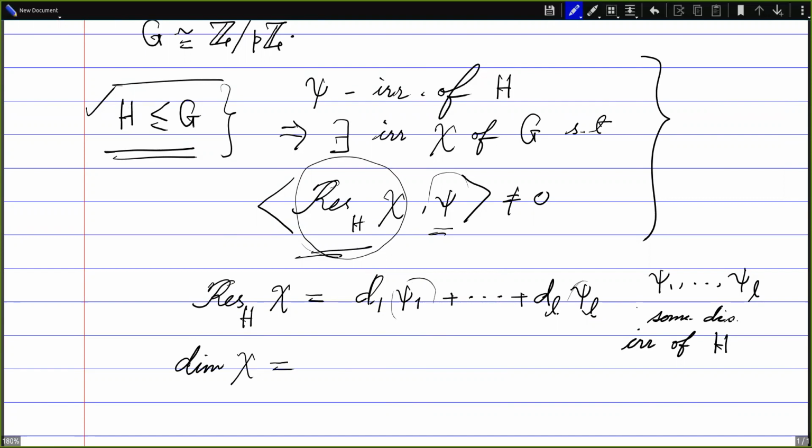Clifford's theorem says that they are all the same, and this psi is one of them.